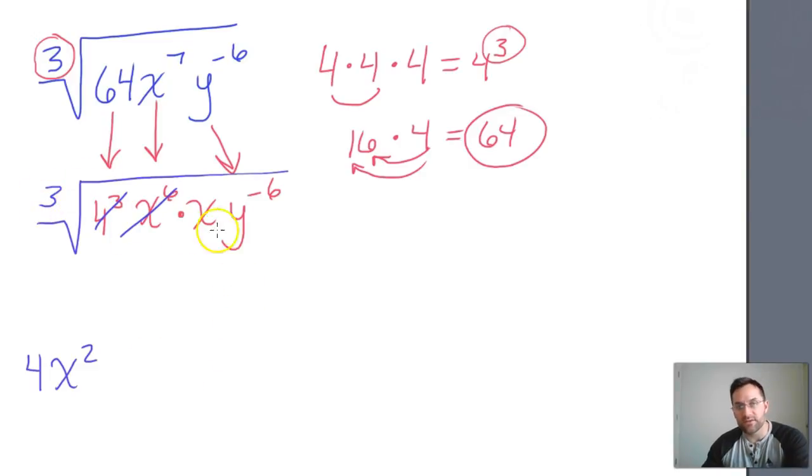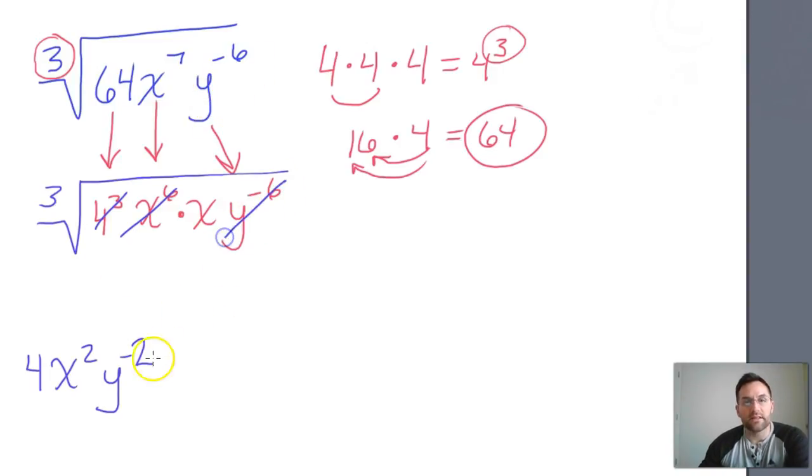Now the cubic root of x, can't really do anything there, so we're kind of stuck on that one. So we skip to the next one. Cubic root of y to the negative 6. Okay, divisible. That's going to be y to the negative 2nd, because anytime we multiply or divide a negative by a positive, it's a negative. So now we've extrapolated 4x squared times y to the negative 2nd out of the radicand. The original radicand was 64x to the 7th times y to the negative 6.